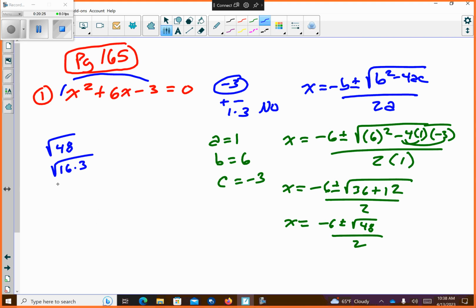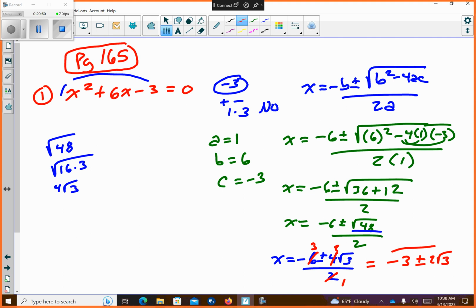Utilize the tools available. So that's going to give me 4 root 3. So I'm going to replace that here, and just reduce. So my answer to this is negative 3 plus or minus 2 root 3.